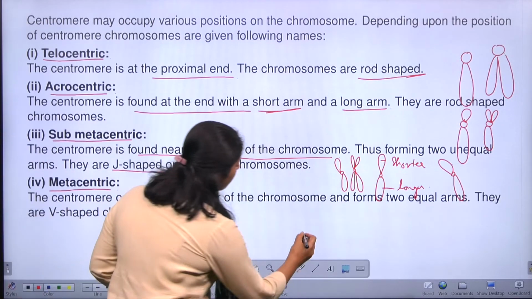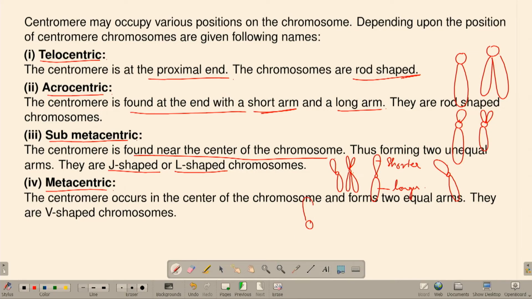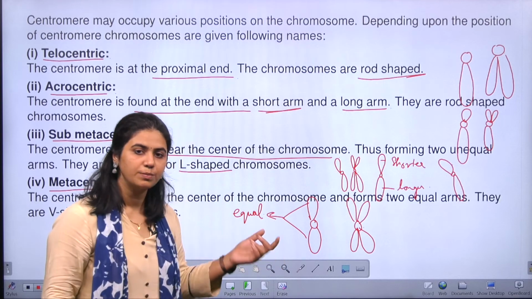So it will be like this, with equal arms, both the arms will be equal. We can also draw it like this. Here the centromere is in the correct center position.